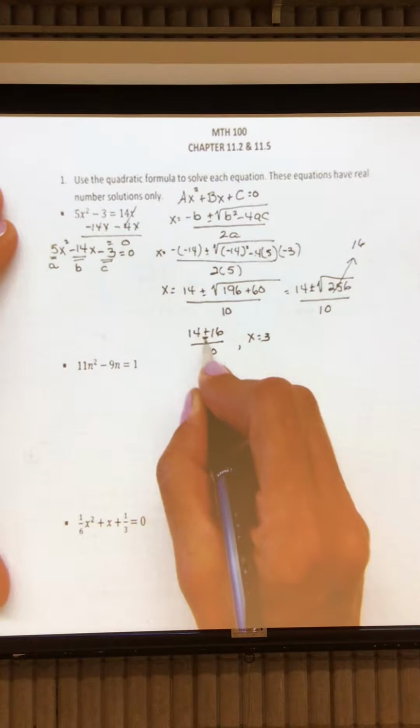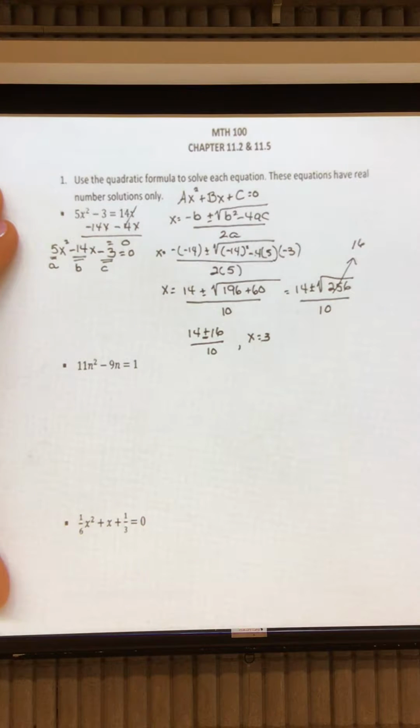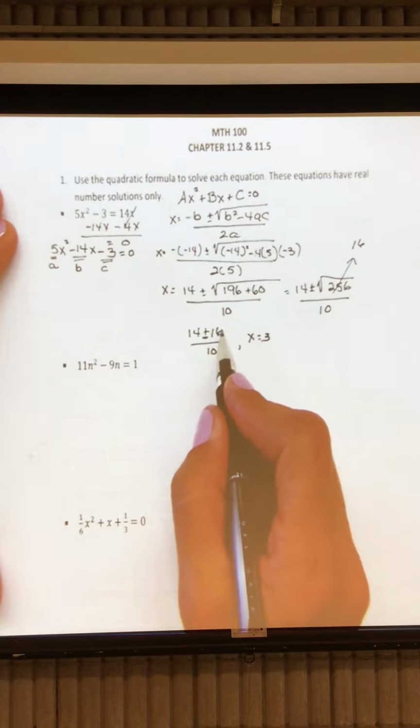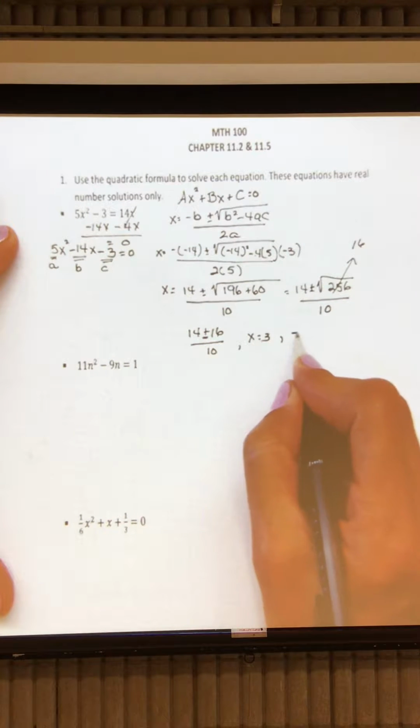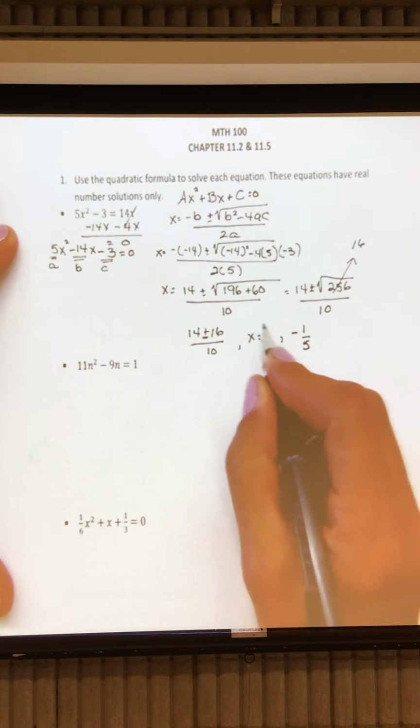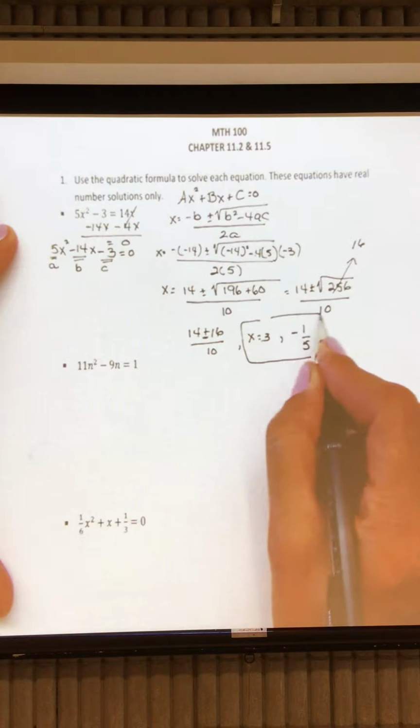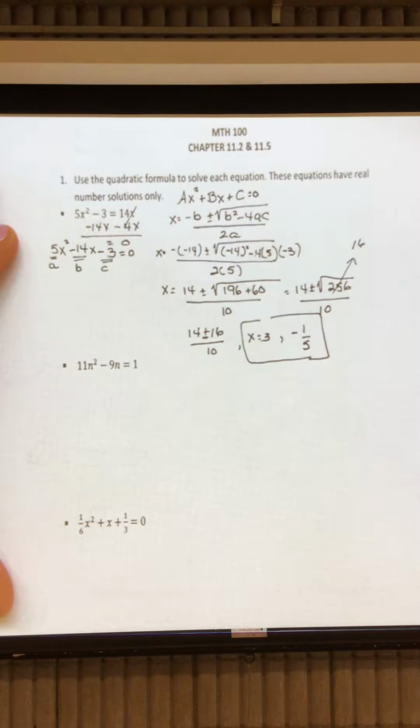And then we have 14 minus 16 divided by 10. 14 minus 16 is negative 2 over 10. Negative 2 over 10 can be simplified to negative 1 over 5. And these are our two solutions, 3 and negative 1 over 5.